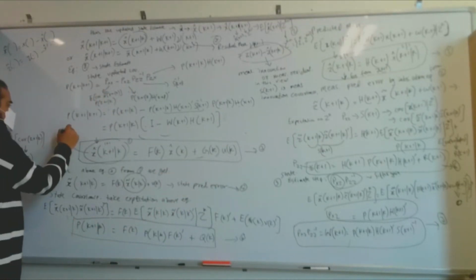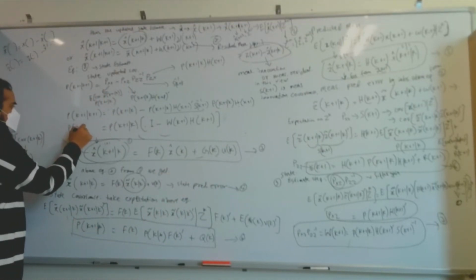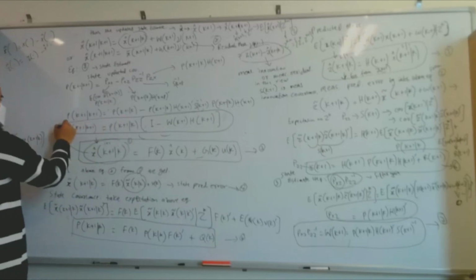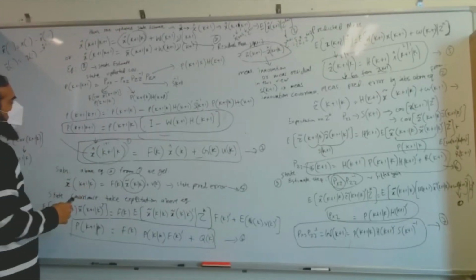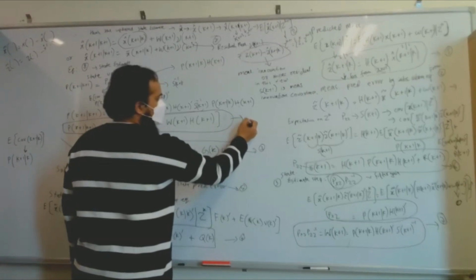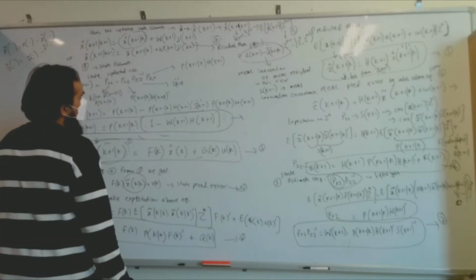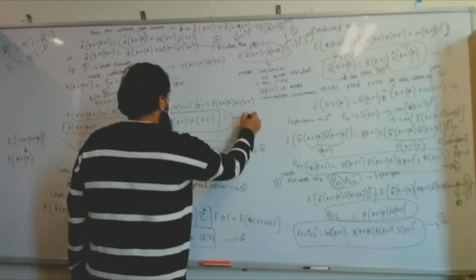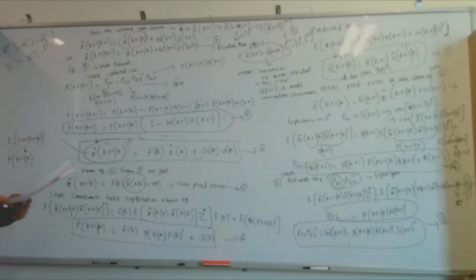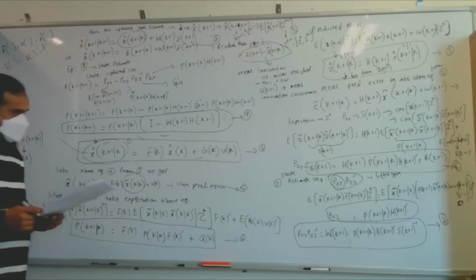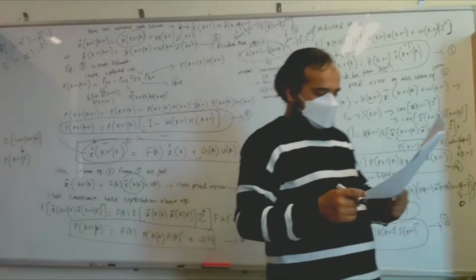So here, the updated state covariance is equation number 9, and that's all.